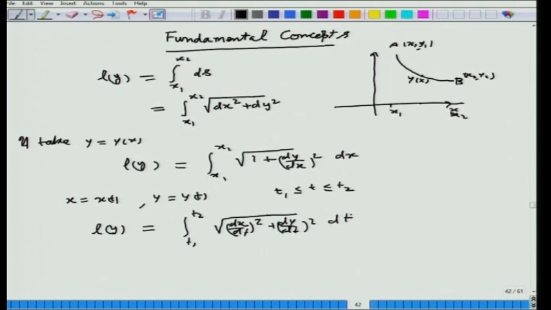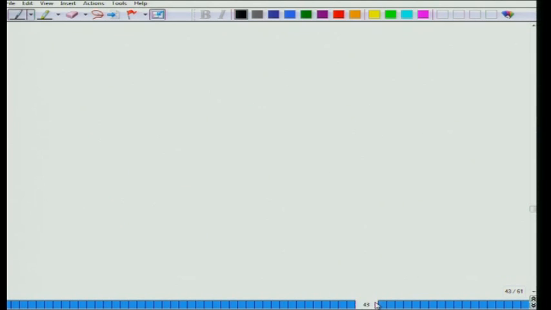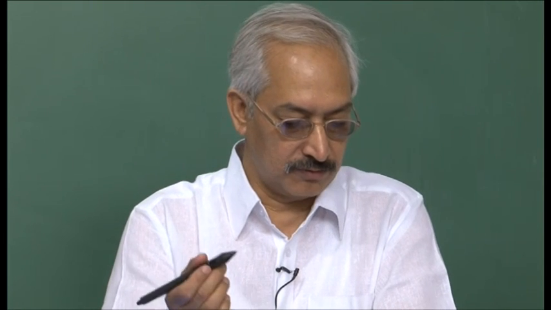So, we can use any of these as the functional defining the length of the curve y. Here we need to find a curve such that the length is minimized, and we know the answer is the straight line joining these 2 points A and B. So, this is the first elementary problem of the calculus of variations.